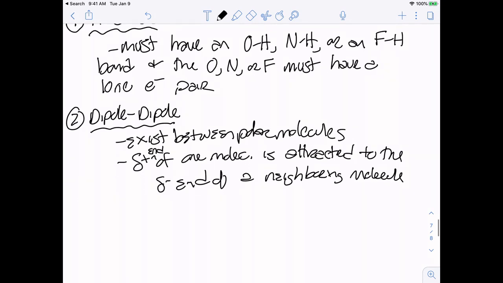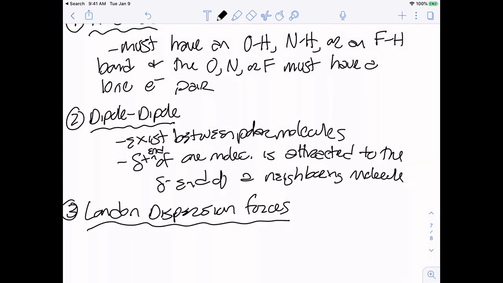Our third one were London dispersion forces. And we said this one was due to a spontaneous induced dipole, that they're temporary. They tend to be pretty weak, but we do form and break them all the time. We said the bigger our atom or molecule is, the more electrons it has, the stronger these dipoles.